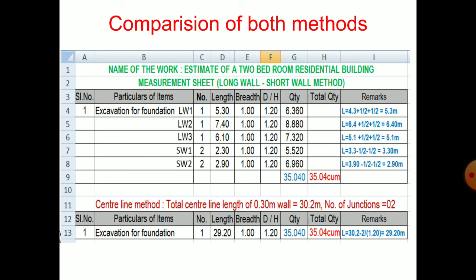All such items can be estimated by both these methods. So whichever is convenient, depending upon the plan of the building, you have to select. The centerline method is mostly used in the case of buildings which have different lengths of walls for the estimation. Thank you.